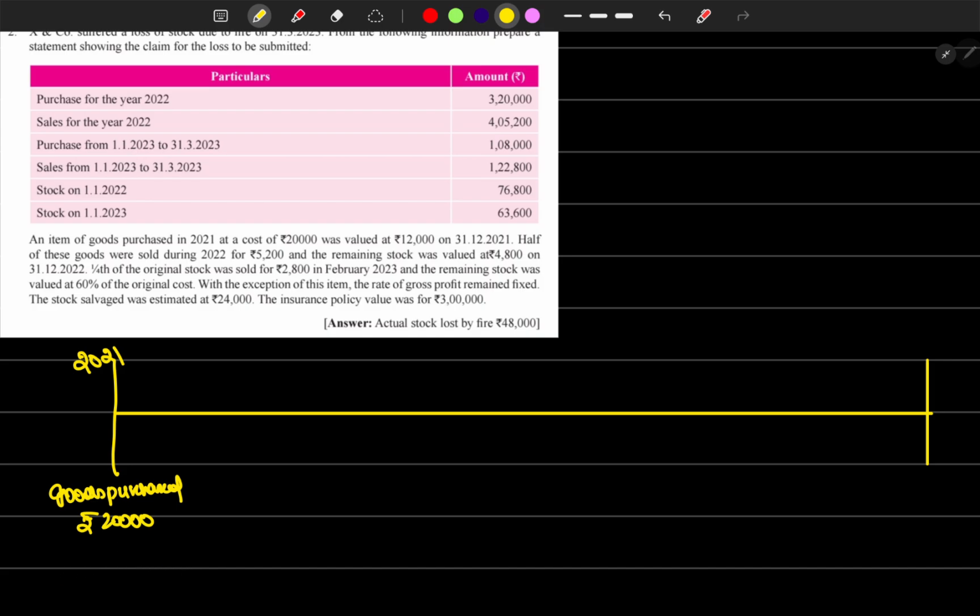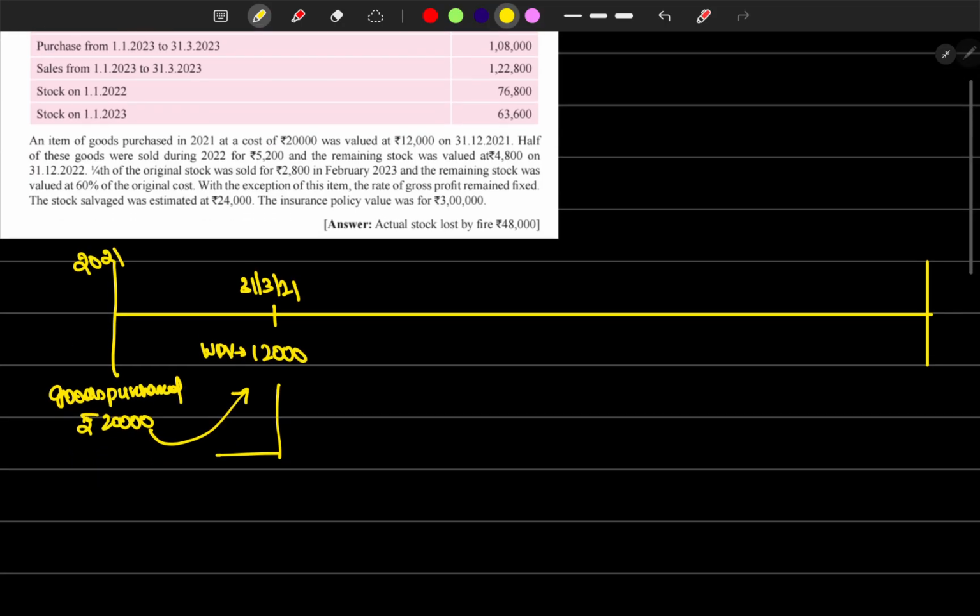Sorry, this is valued on 31/3/2021, just 12,000, the WDV of this amount.